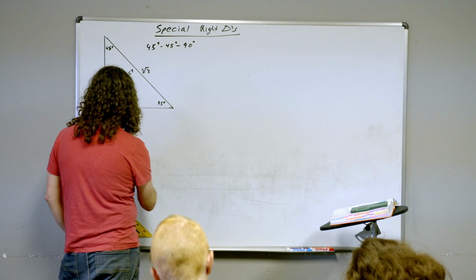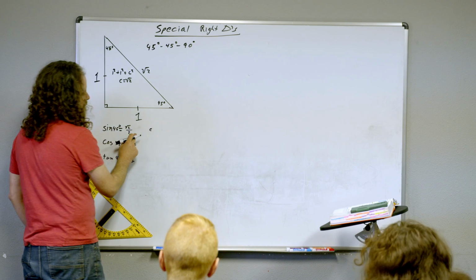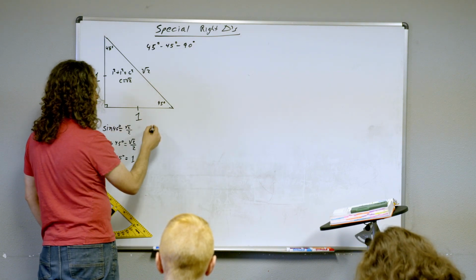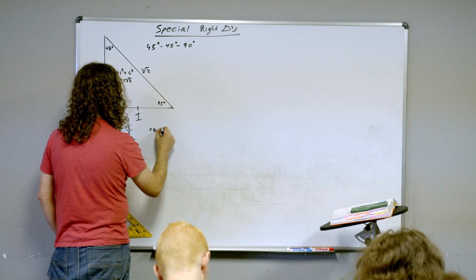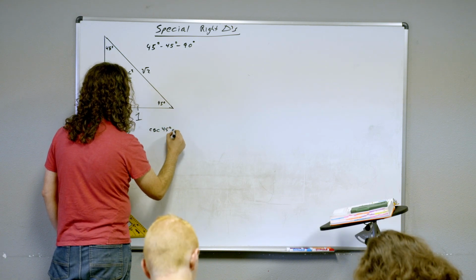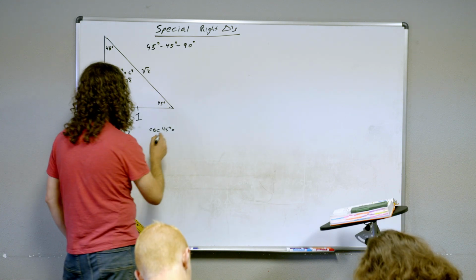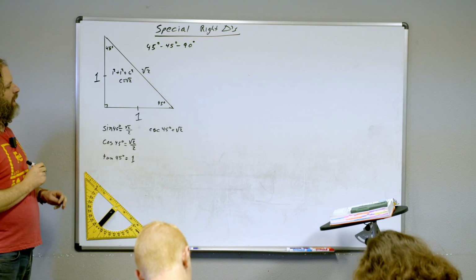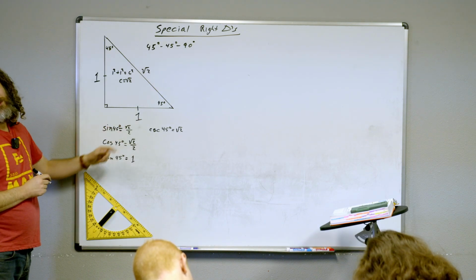So the cosecant will be this flipped over, so just the square root of 2. 1 over the square root of 2 flipped over would be the square root of 2. Tangent is opposite over adjacent, so 1 over 1 is 1.